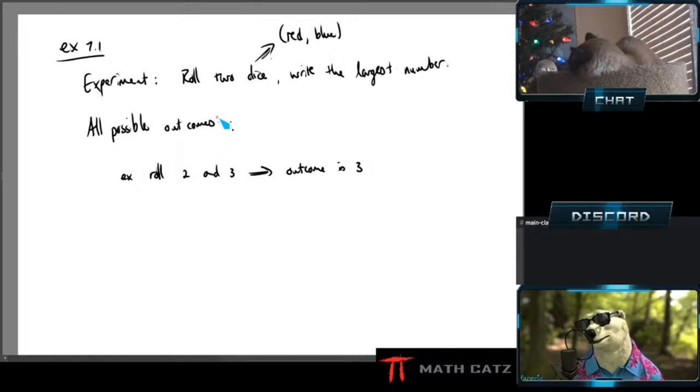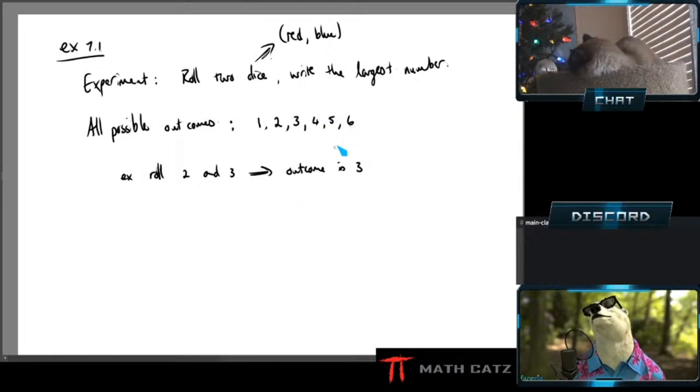the largest of the numbers. So if I look at all possible outcomes that could occur, let's write them in increasing order. The smallest number that I could ever write on my clipboard is a 1. When I roll two ones, the largest of them will be a 1. I can also write a 2 on my clipboard by rolling a 2 and a 1, or a 2 and a 2. Both will result in the largest number being a 2. I can certainly have 3 as the largest number, 4, 5.